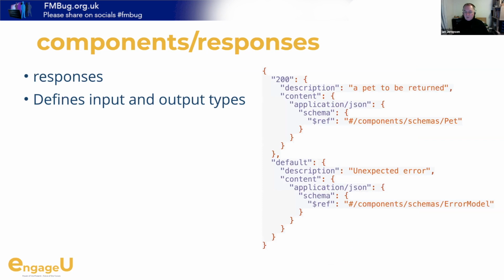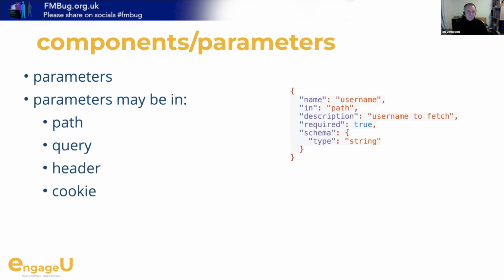It describes what responses you can expect. So in this case, we know that we're going to get either a 200 response, which is a pet that's returned, or an unexpected error. And those are the only two responses that this particular path on the API will provide. And then we've got parameters. What do we need to pass in to this to actually make it work?